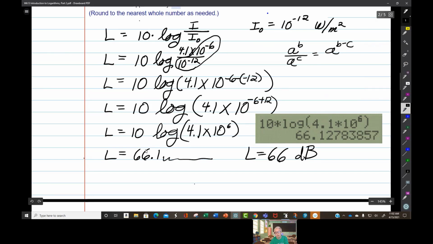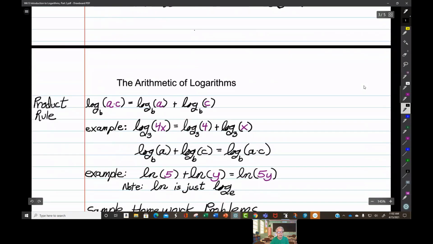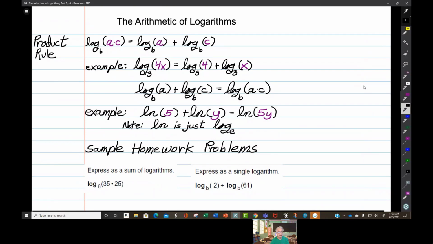But for this one, you do have to remember the basic exponent rules you learned in beginning algebra and then reviewed in intermediate algebra. Here, we did talk about them a couple of times. So time to relearn them, because we're going to learn the arithmetic of logarithms.